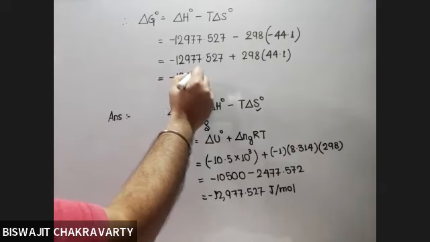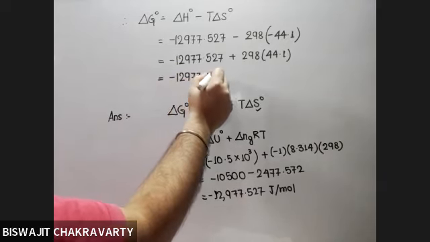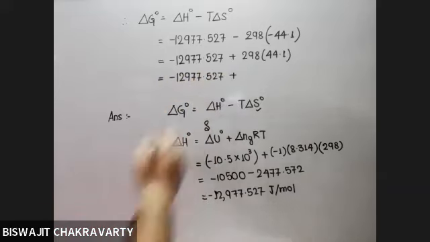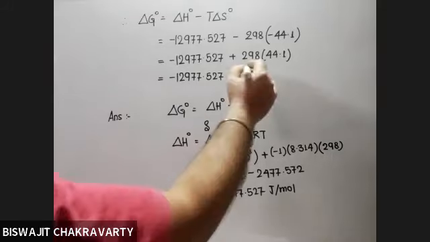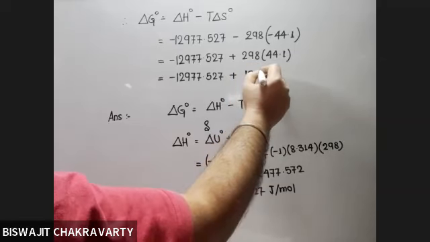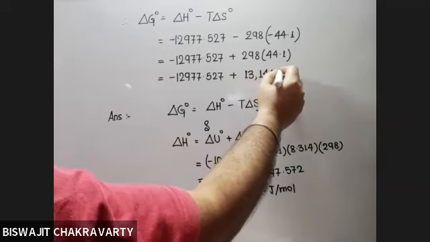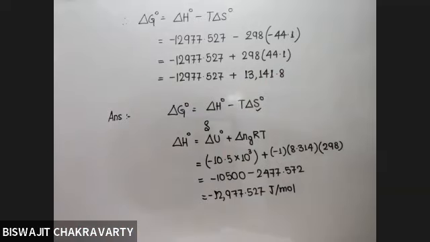Minus 12,977.527. How much is this value? Has anybody calculated? Tell me. Sir, 13141.8. 13141.8. Okay. So what is the net value coming out?